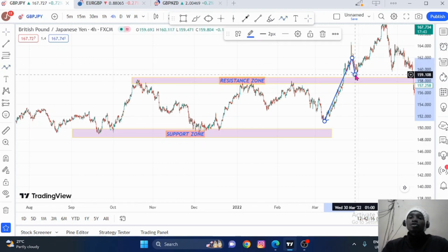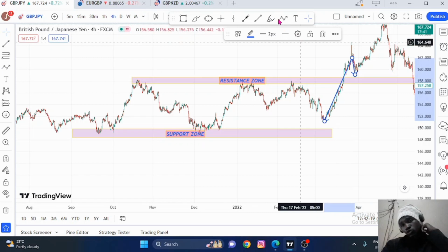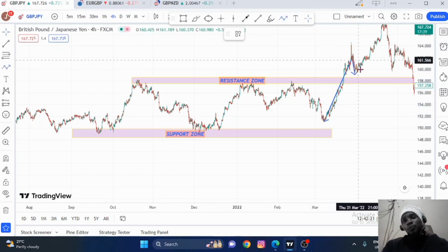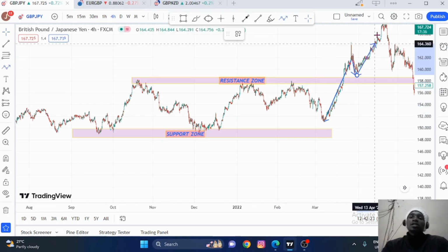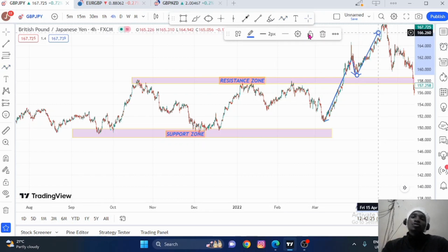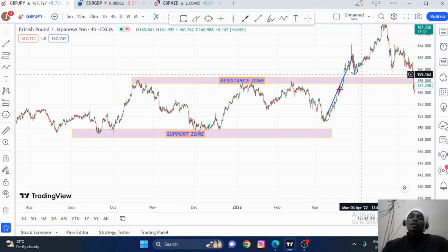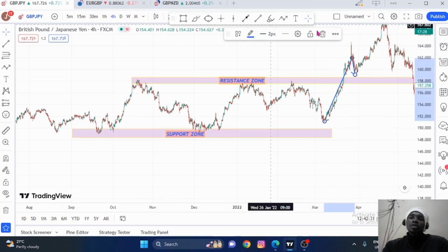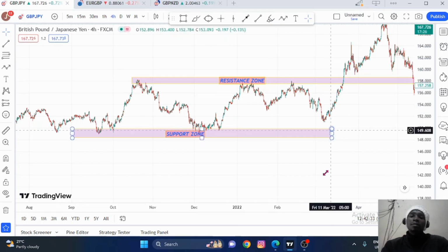Therefore, at the support zone, what are you supposed to do? You are supposed to look for buys, and you're going to have your own buys from this zone. Now that is what happens in an uptrend market.